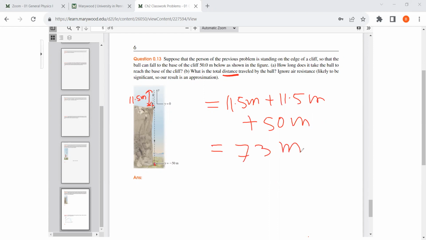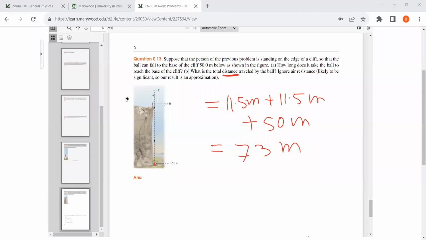So the total distance the ball travels is 73 meters. Here we just use the known information from the last problem and this problem, but we can also solve this problem by using one of the kinematic equations. But let's use the simplest thing.